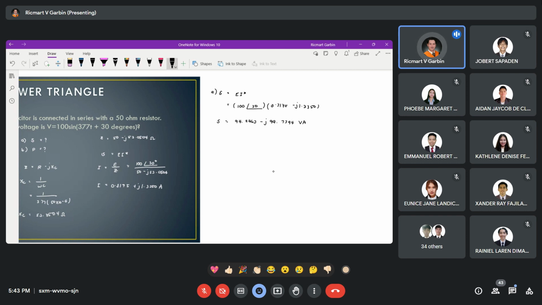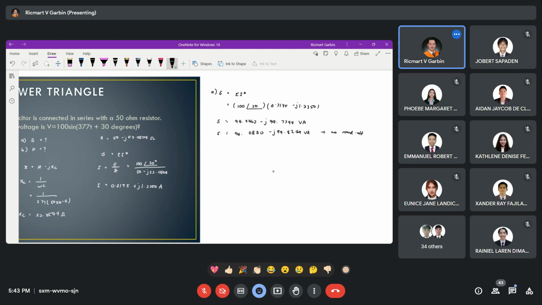Supposedly, ang magiging sagot natin ay 94.085 minus J99.8249 volt ampere. Yan, ito ay no round off, no rounding off sa middle of our solutions.